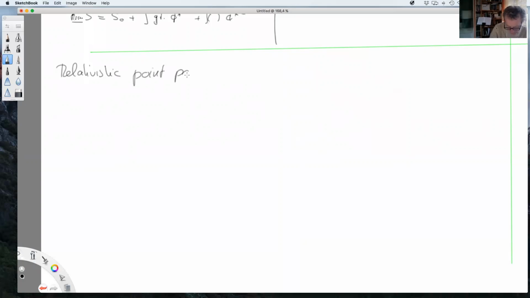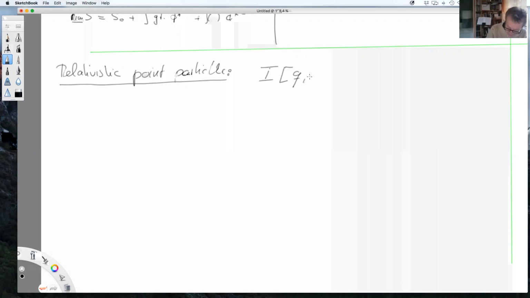So, okay, we can write down a world line action. We write it perhaps as I, the world line action, which will depend on q and some metric.